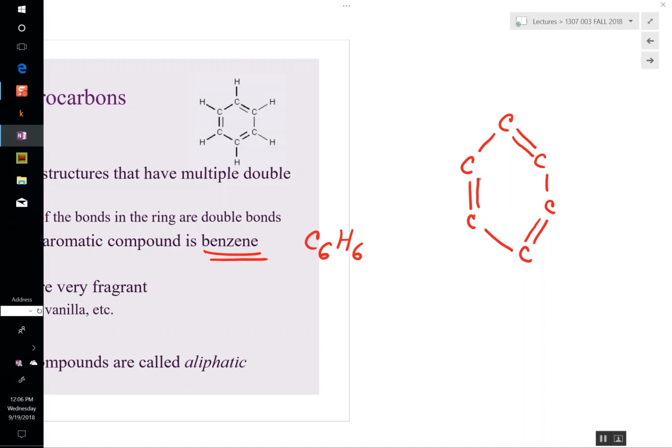Now, if I look at that, how many hydrogens go on each carbon? 1. There's only 1 hydrogen on every carbon. Every carbon has a single bond on one side of it and a double bond on the other side of it, so it only needs 1 other bond.